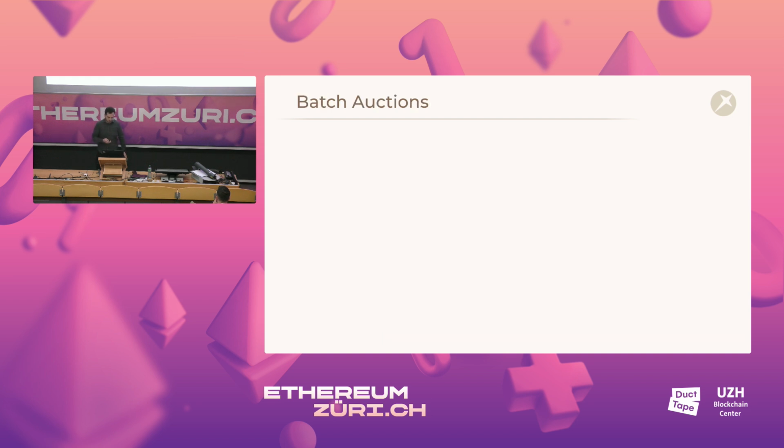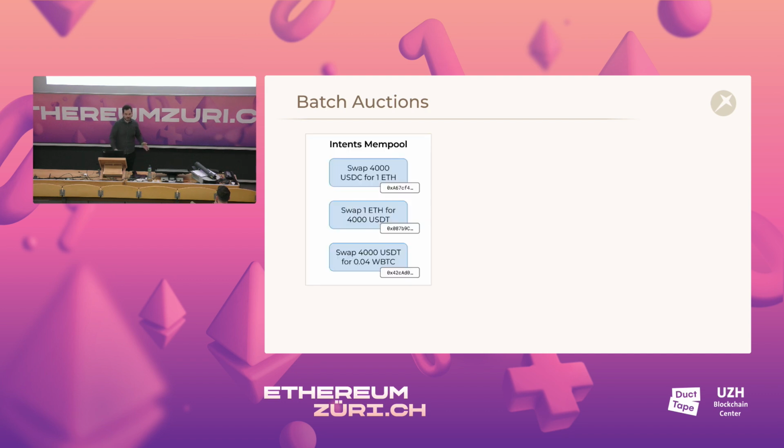So one solution that is kind of new, maybe two years old, comes from traditional finance, and it's called batch auctions. In this case, we have a different kind of mempool. We have a mempool of intents, which are basically signed messages that are floating around, and that the person who is permitted to use them can use them. For example, we have some swaps that are signed, and they determine the amounts you want in and out.